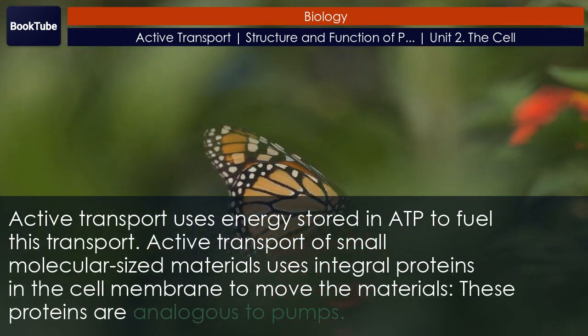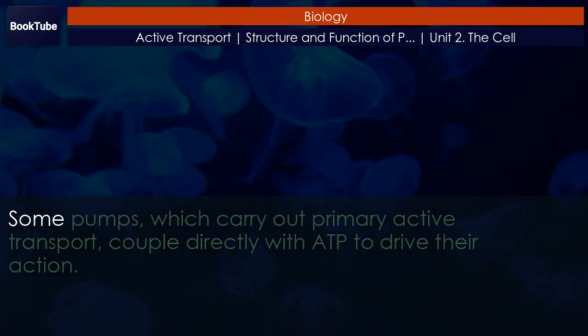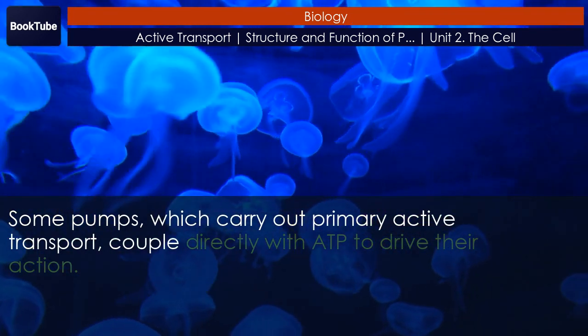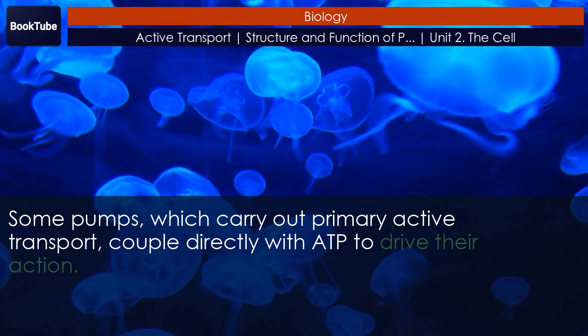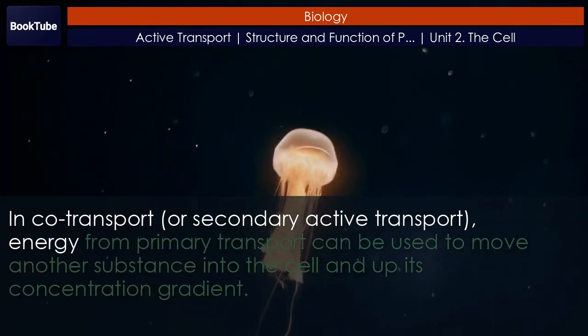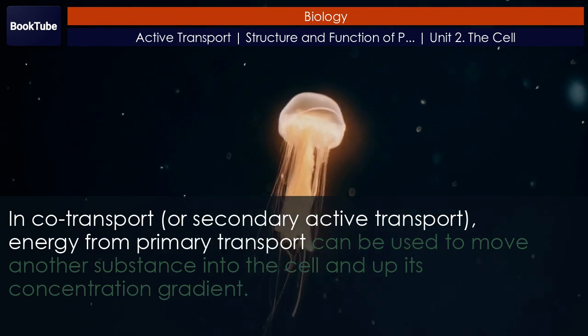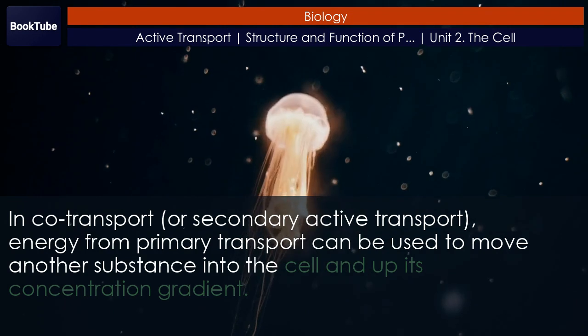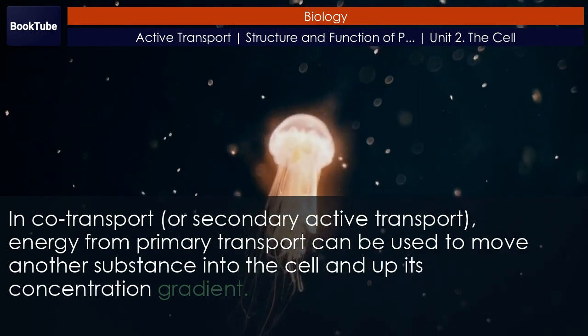These proteins are analogous to pumps. Some pumps, which carry out primary active transport, couple directly with ATP to drive their action. In co-transport, or secondary active transport, energy from primary transport can be used to move another substance into the cell and up its concentration gradient.